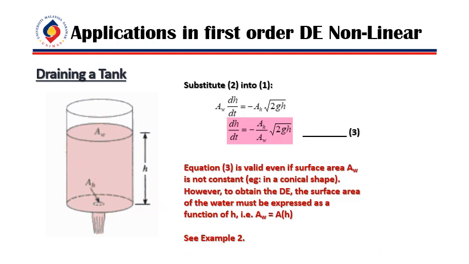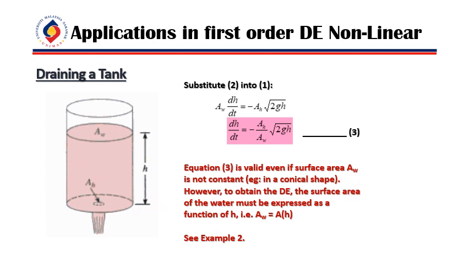So how are we going to substitute the second equation into the first equation? Previously we have dV dt, the volume of water leaving the tank, equal to negative A sub h square root of 2gh. And then we have a second equation, dV dt equals A sub w dh over dt.